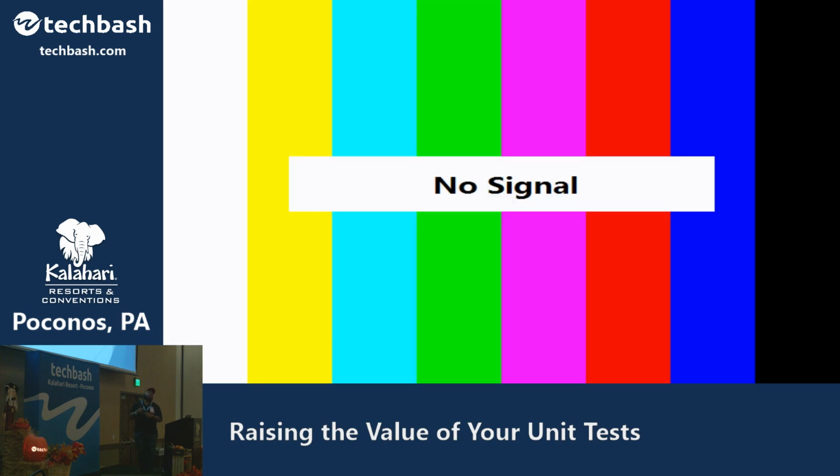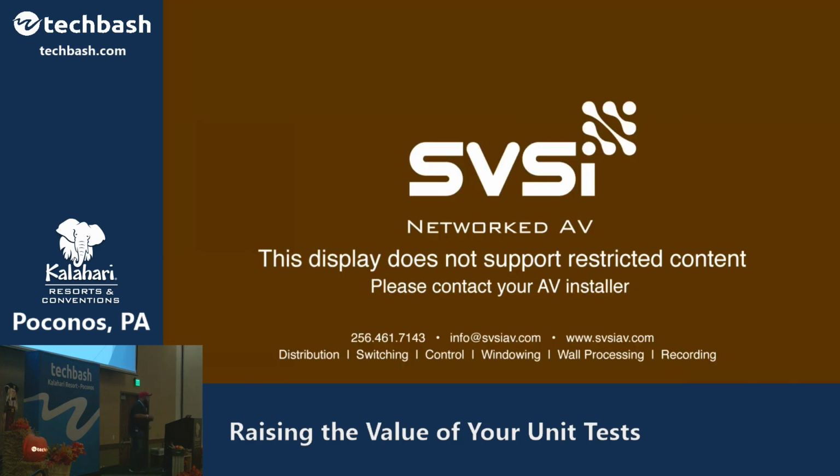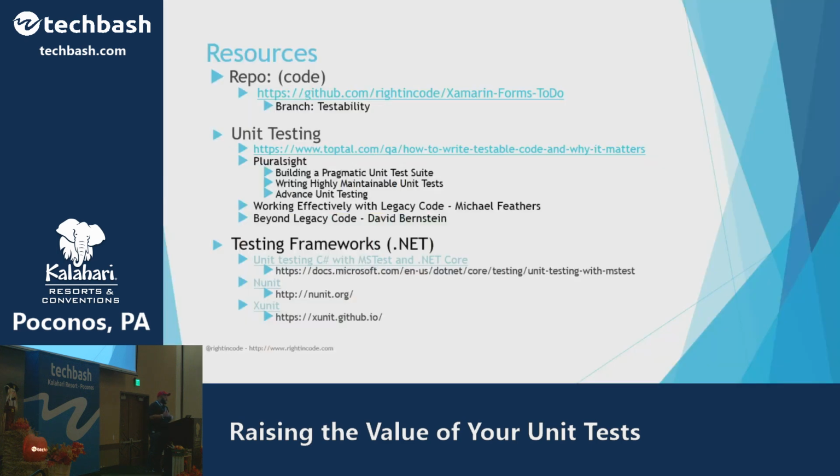From a unit testing perspective, there are a couple of resources. There's a great article at that link, how to write testable code and why it matters. It fits in the overall picture of unit testing and getting value out of your tests. And then I'm a fan of Pluralsight, so there are three very good unit testing courses there, building from scratch to actually doing advanced testing.